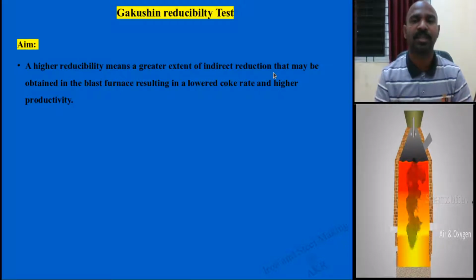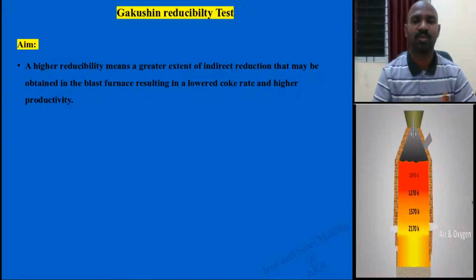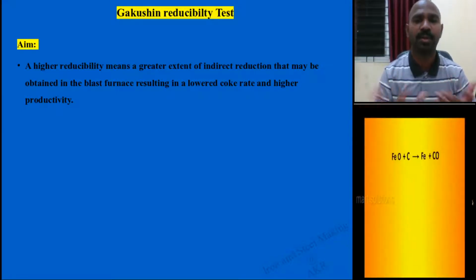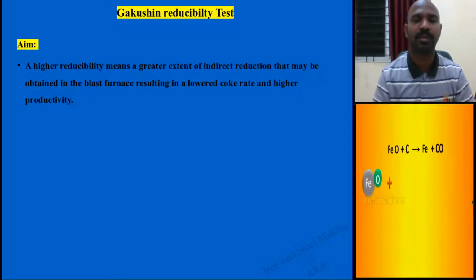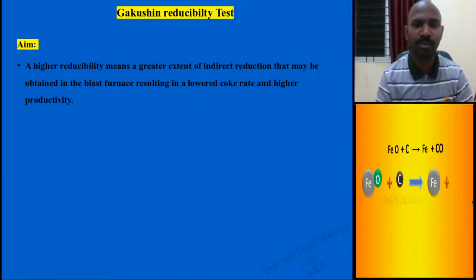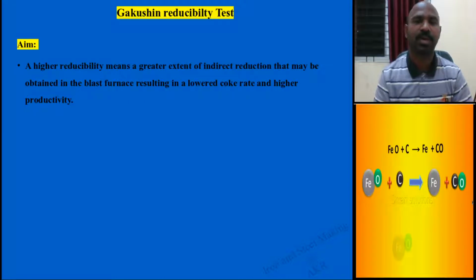The coke is added in the blast furnace, and given the initial fire, as it burns, it produces CO2 and CO. That CO and CO2 further increase thermal energy for reaching higher temperature. That is called indirect reduction.